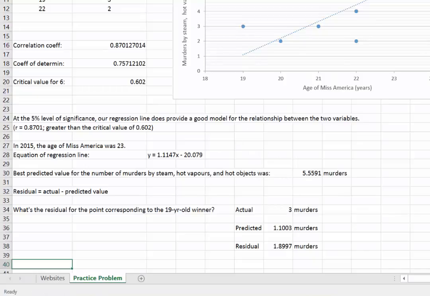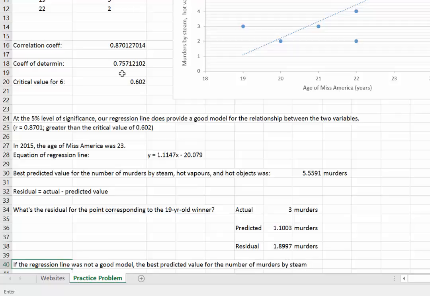Well, ours did happen to be a good model, but if the regression line did not meet that criteria where the R was greater than the critical value, so if the regression line was not a good model, the best predicted value for the number of murders is, and I'm just going to say by steam, hot objects.